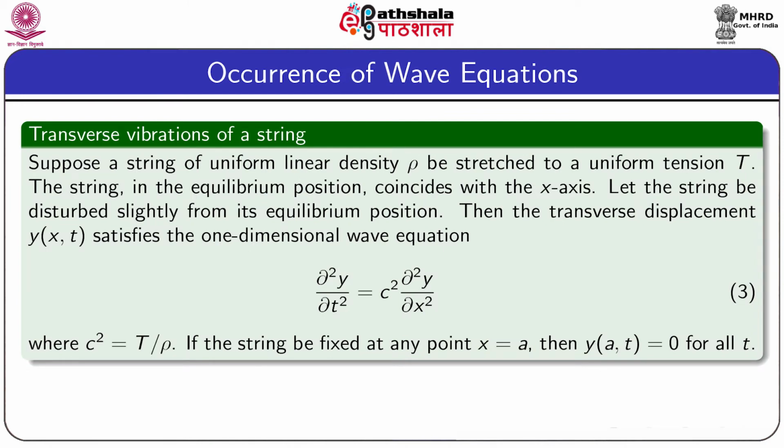Suppose we want to solve a physical problem where we have to find the transverse displacement of a string, and the string is of uniform density rho and it is stretched to a uniform tension capital T. The string in the equilibrium position coincides with the x axis.